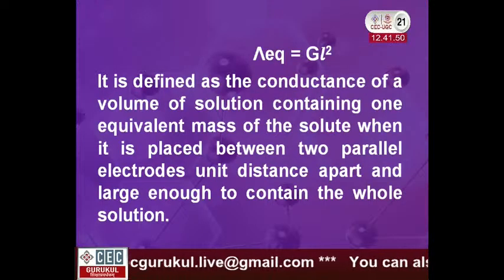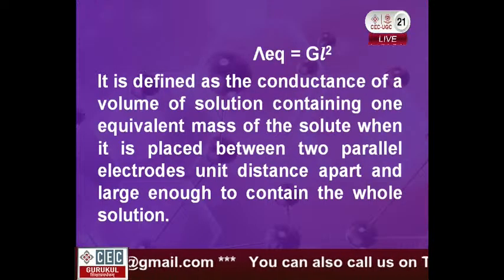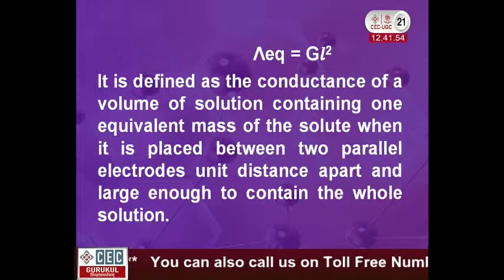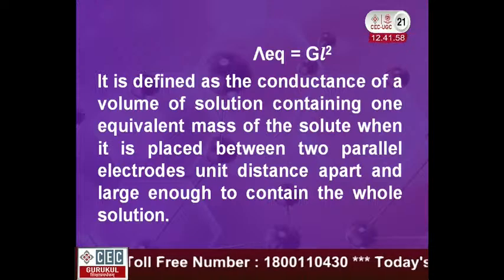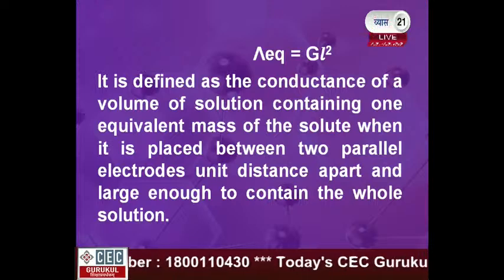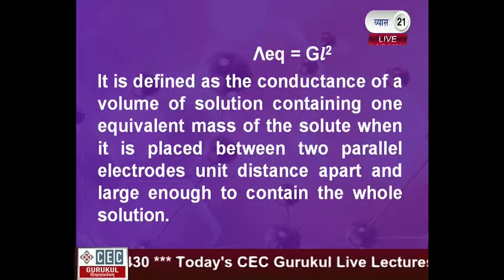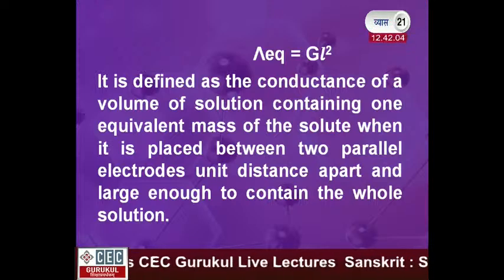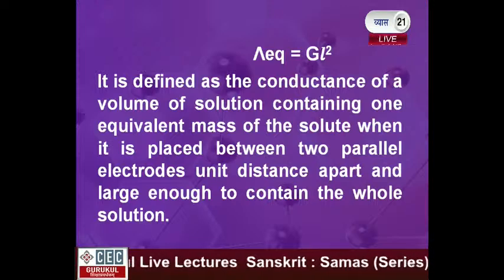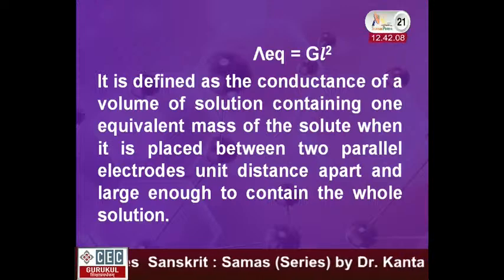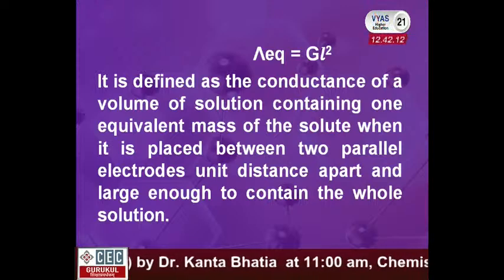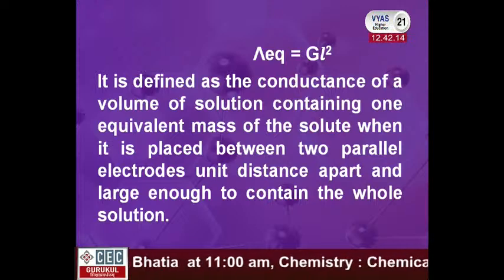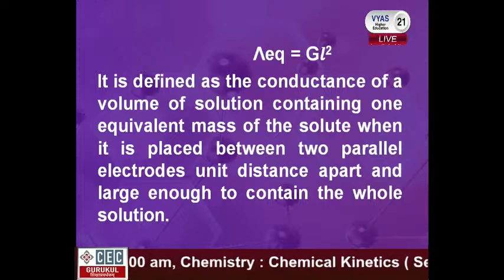Lambda equivalent is equal to G into L square and is defined as the conductance of a volume of solution containing one equivalent mass of the solute when it is placed between two parallel electrodes unit distance apart and large enough to contain the whole solution.